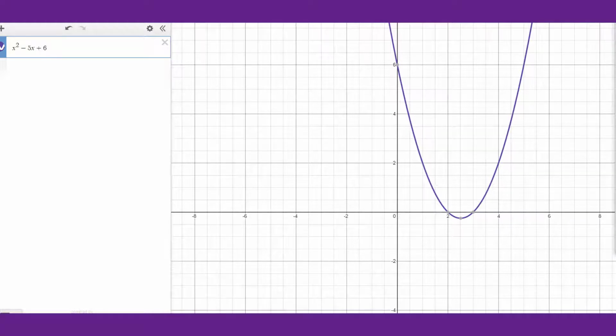So let's go and look to see how we get those zeros through factoring. All right, so here we have our quadratic. We graphed it first just so that we could kind of see what was going on. But we have it as x squared minus 5x plus 6. Well, let's factor this out and then let's solve for x.